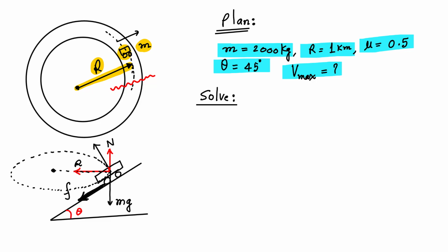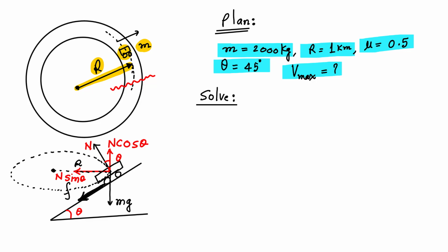So this angle is theta. So this angle will also be theta, because angle between lines is equal to angle between perpendiculars. Since this is N, this will be N cos theta, and this will be N sin theta, and this is mg.